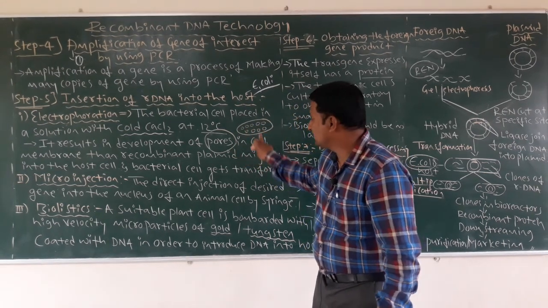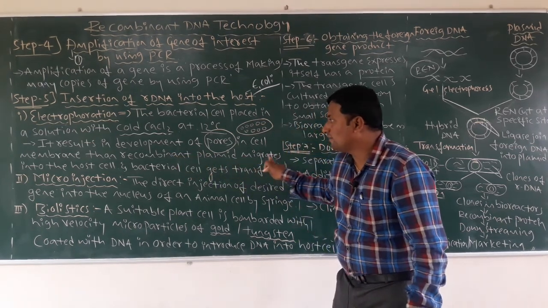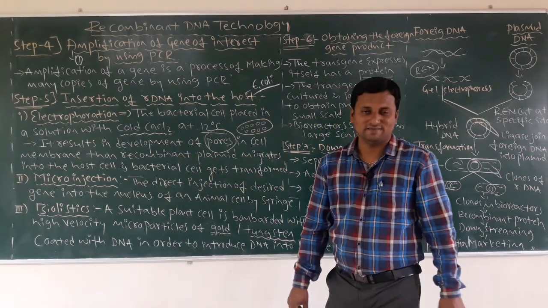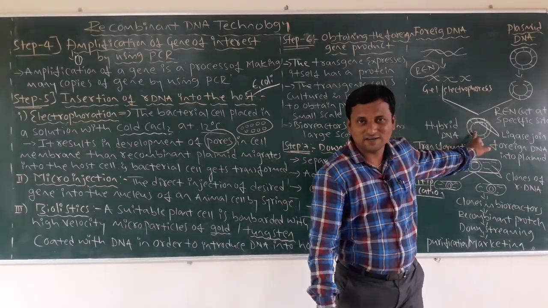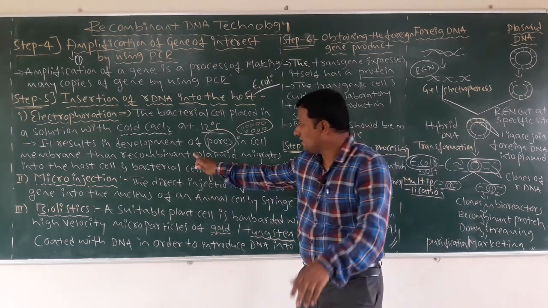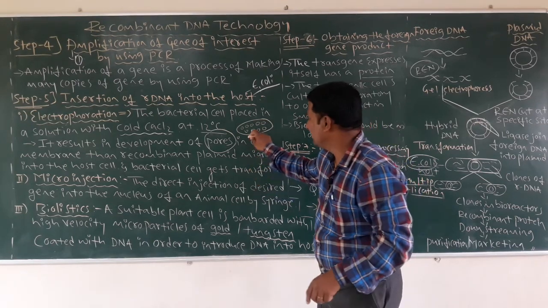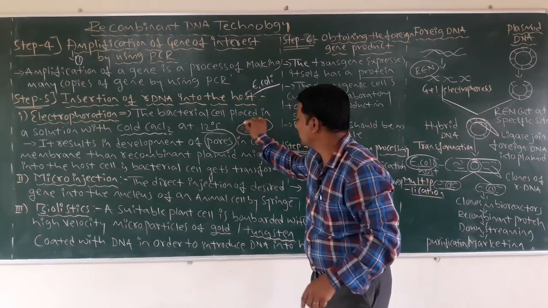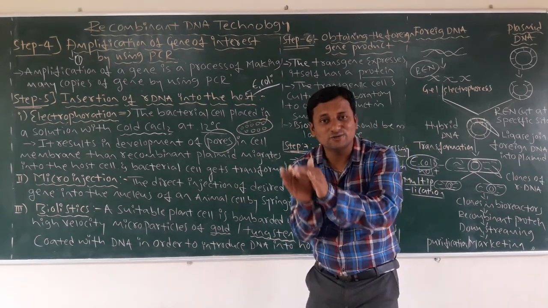Small pores in the cell membrane, then the recombinant plasmid migrates into the host cell. This is called a recombinant plasmid, okay? We call it rDNA. That recombinant plasmid moves into the host cell, which is the bacteria, from the cell membrane into the cell.